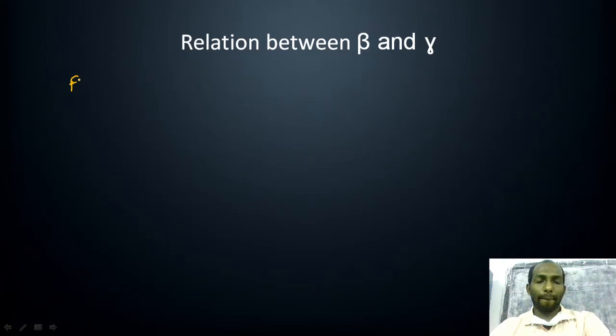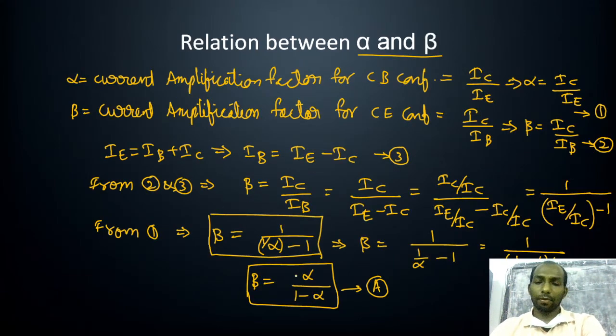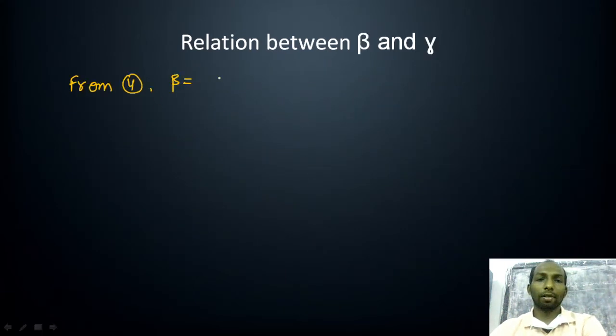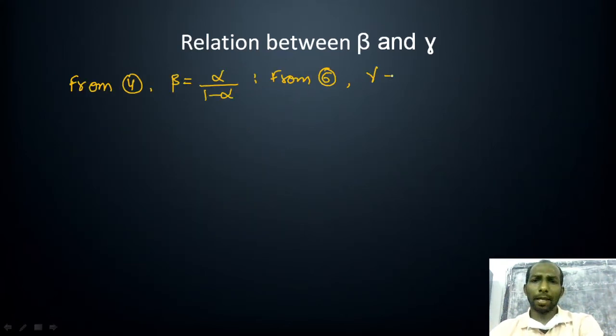From equation 4, we can write beta is equal to alpha by 1 minus alpha, and from equation 6, gamma is equal to 1 by 1 minus alpha.